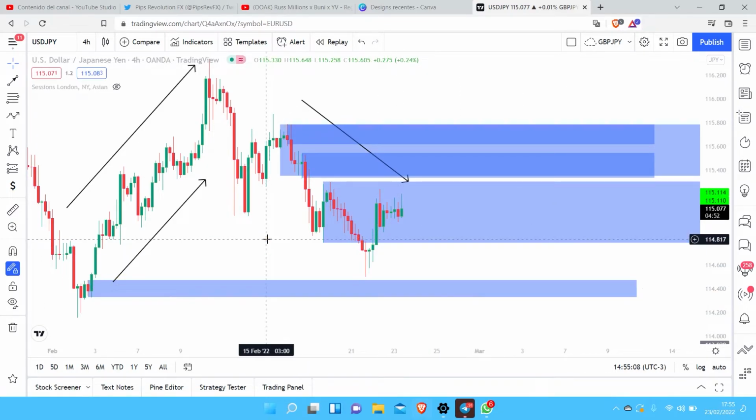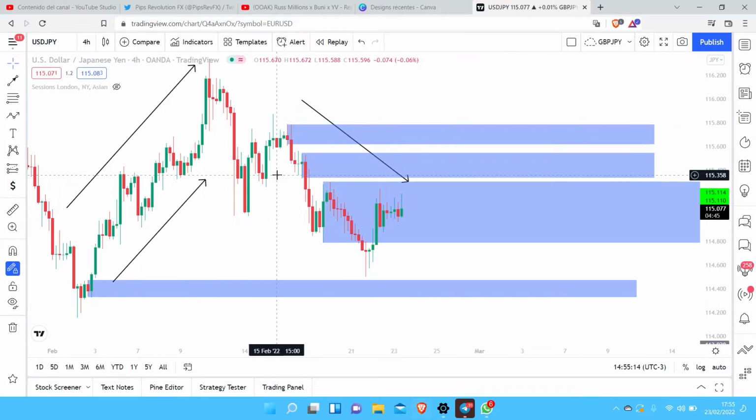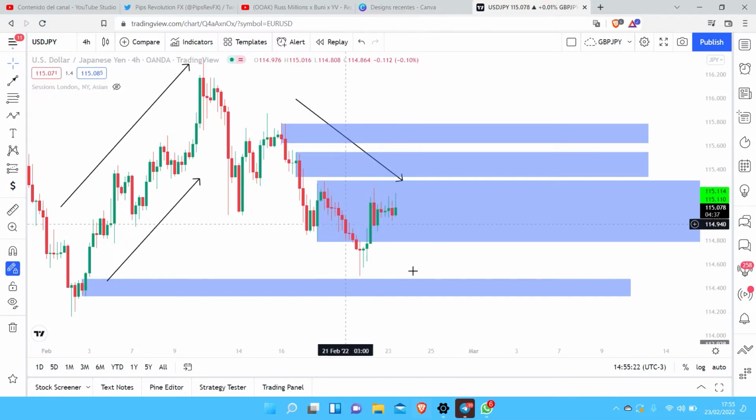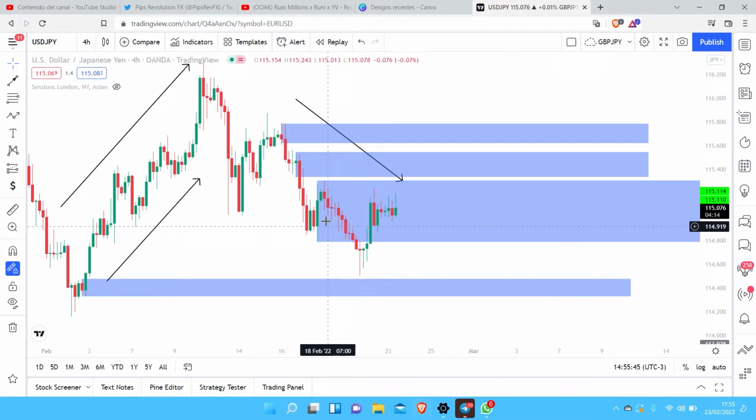I can eliminate this area. I have my order blocks of the 4-hour time frame in here. I can eliminate this area right here, and I can see that there are no significant movements in here. As you can see, price made a healthy descent, and for that reason I'm not going to see order blocks in here.